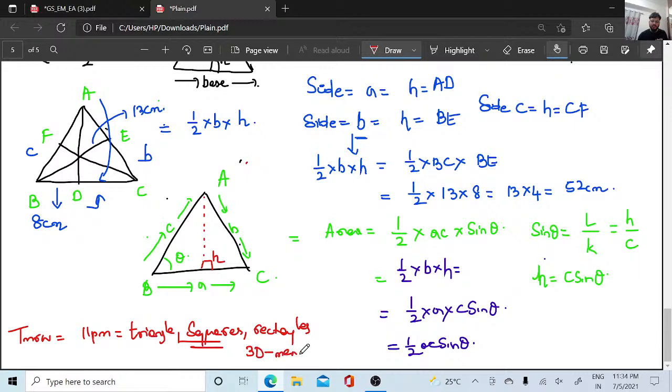In another 10 minutes I'll finish squares, rectangles and triangles, and in the other parts I'll start with 3D mensuration, beginning with cones. In 3D mensuration there are only 3: cones, cylinders and spheres.